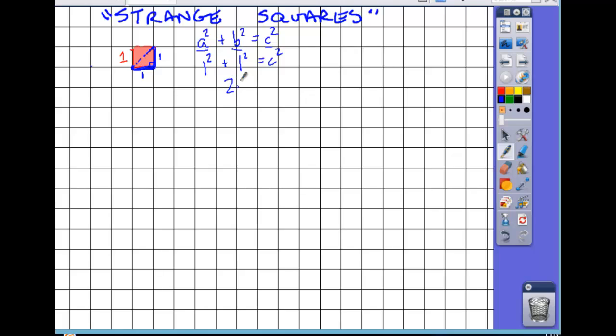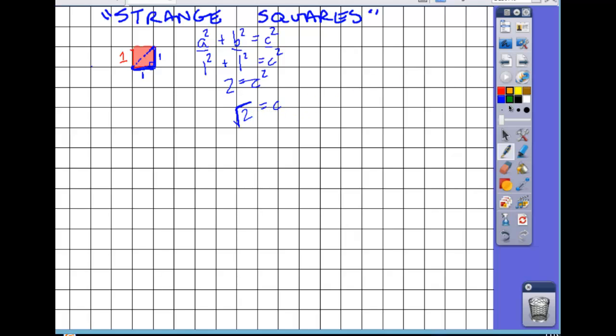This is 1 plus 1. And then if I take the square root of both sides, technically I wind up with plus or minus the square root of 2, but I don't have to bother with the minus because I know I'm talking about a distance in the coordinate plane. It's an actual distance, so it has to be a positive number. So positive square root of 2.